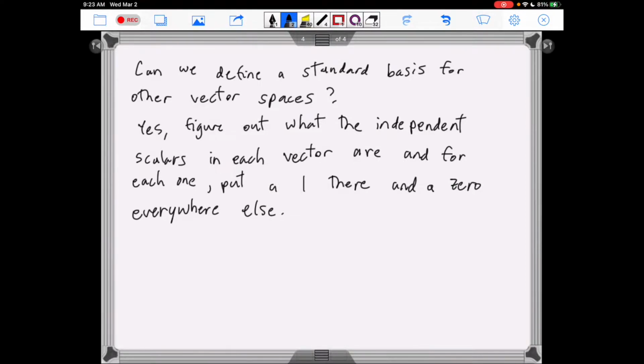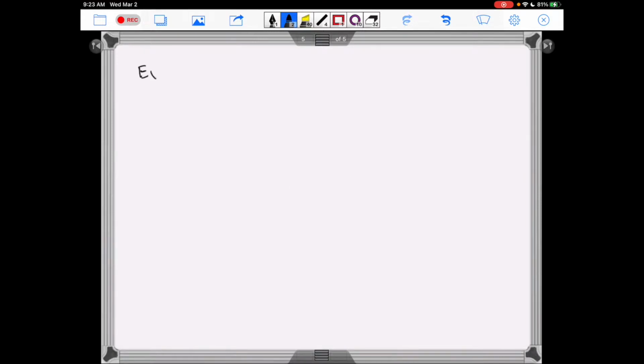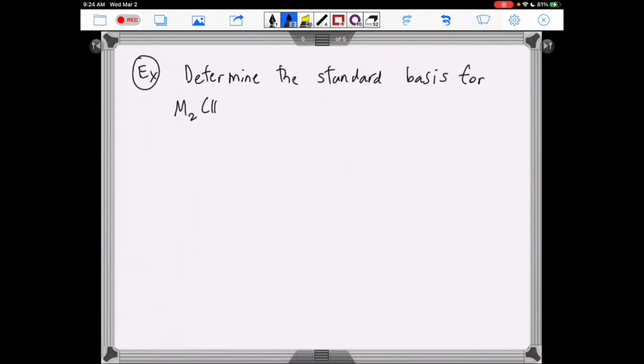So let's do some examples, okay? First example. Determine the standard basis for the vector space M2(R).